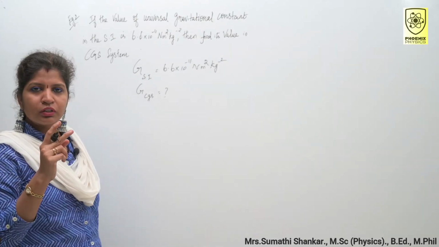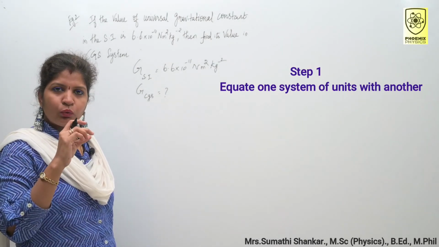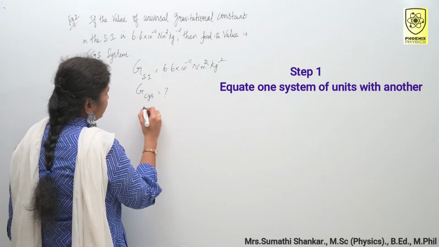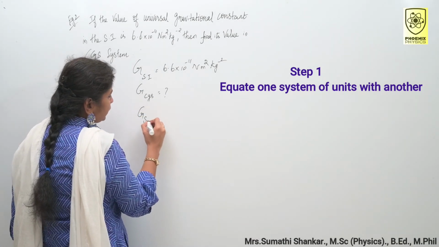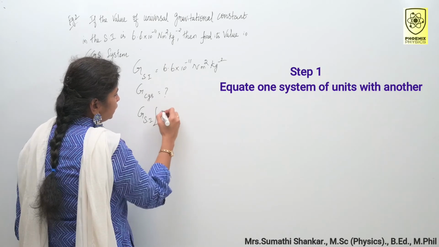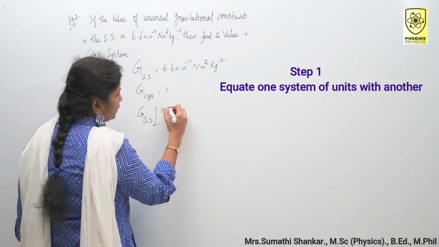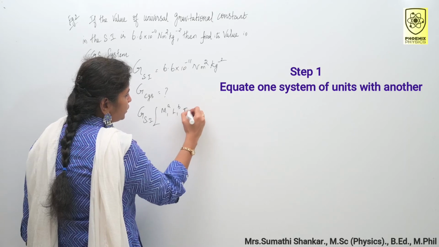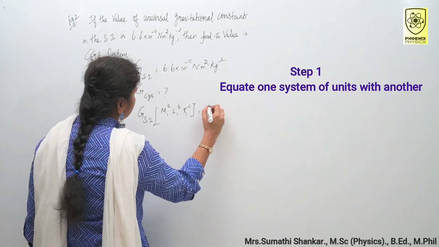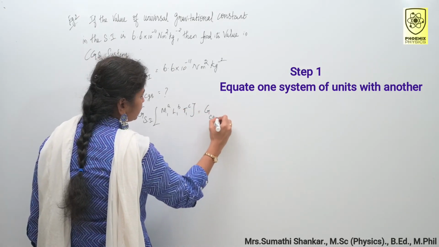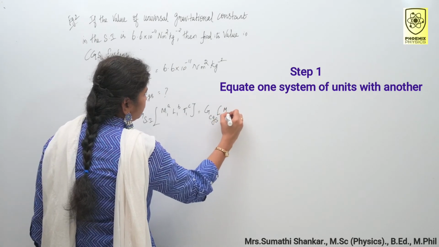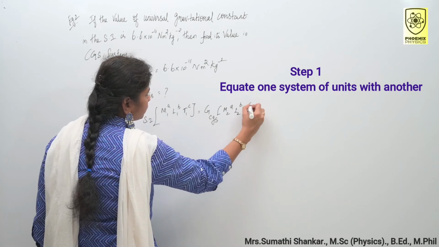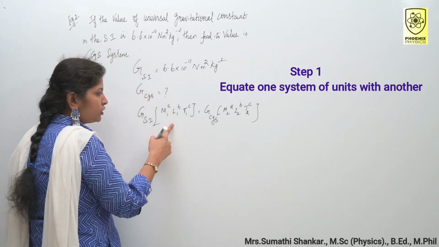There are two steps. First one is equate one system of unit with another, that is G SI M1 to the power A L1 to the power B T1 to the power C is equal to G CGS M2 to the power A L2 to the power B T2 to the power C. So this is our first step.